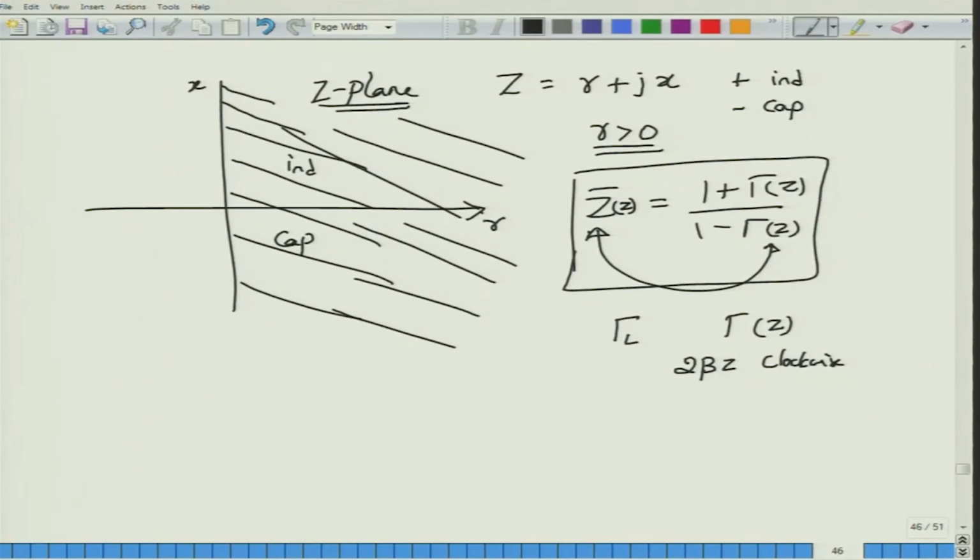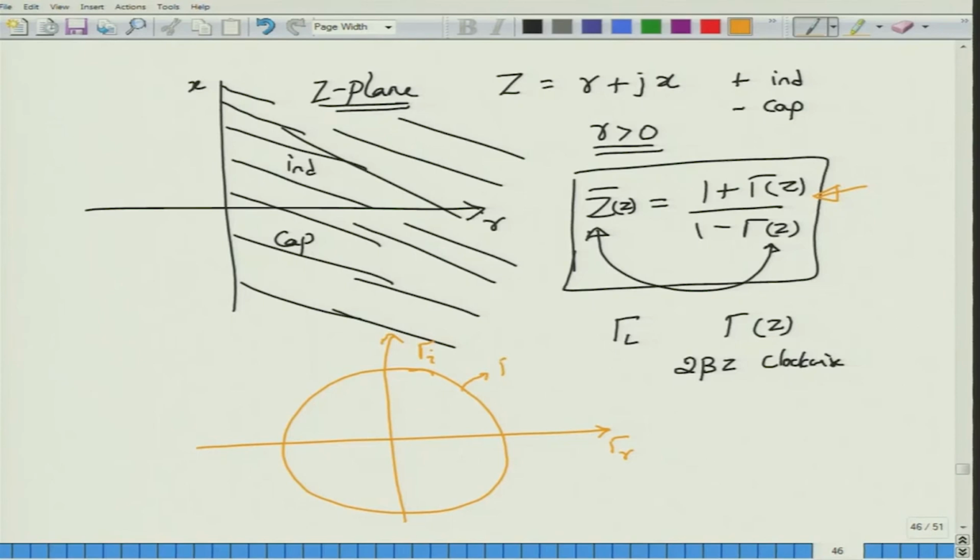So what Smith did is to consider this Z plane, and by knowing this relationship, which can be inverted to write one more relationship, I will write that in a few minutes. He converted this entire rectangular region, the entire right half of the complex Z plane, into a circle on the complex gamma plane, where the axes were gamma r and gamma i, with the maximum value of the radius being equal to 1, signifying that the reflection coefficient for passive loads cannot be more than 1.